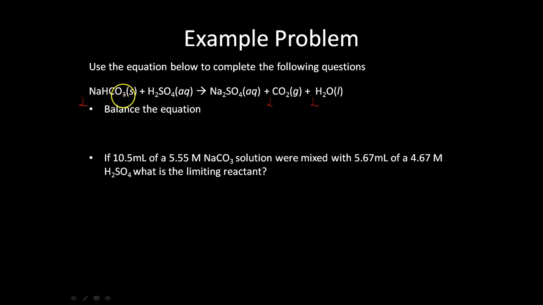Oh wait, 2 times 3 is 6 oxygen, plus 4 oxygen, so that's 10 on this side. On this side, I've got 4. With this 2 here, I've got another 4, and with this 2 here, I've got 10. So I think this is balanced, actually. 2, 2, 2, 4, 4. Carbon is 2, carbon is 2, oxygen is 10.